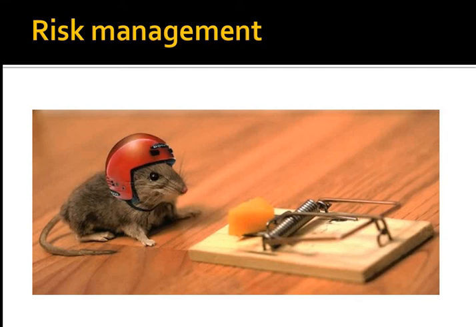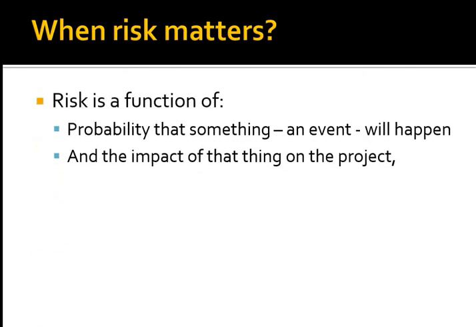We need to deal with that as well as with product quality. Basically, risk is a function of two factors: the probability that something bad will happen and the impact of this thing on our project.